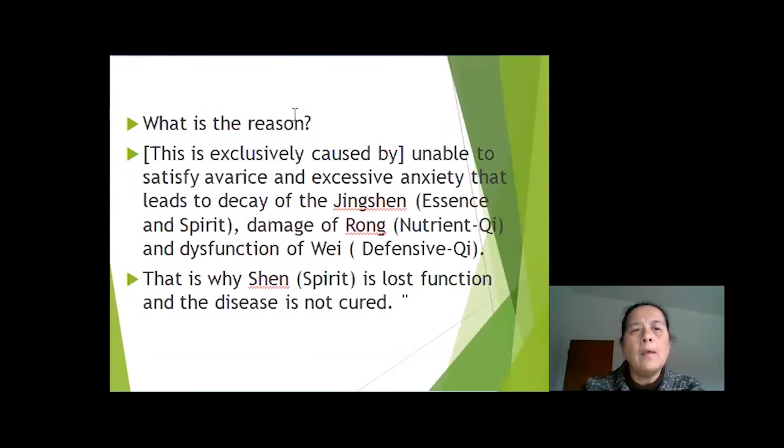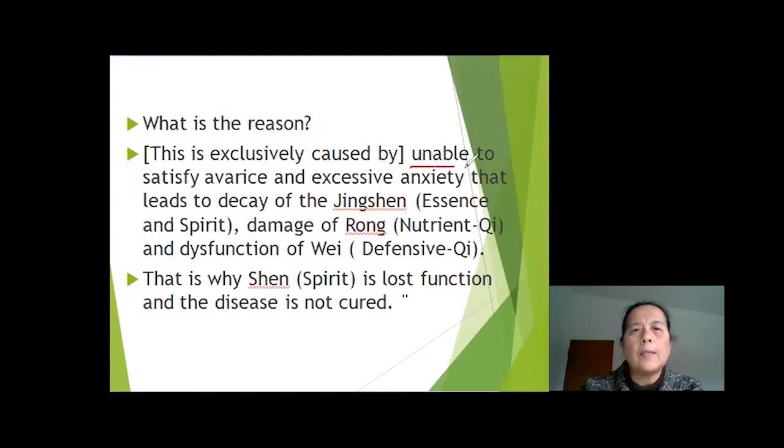And then Huangdi still asks why. Why did the illness reach this severe kind of condition? So still, it is the patient's lifestyle.